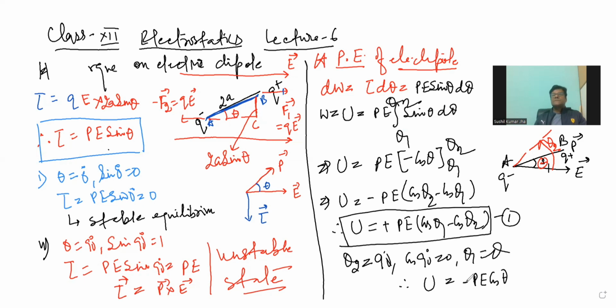And obviously it should be minus P, because all forms of potential energy are negative, which means over here we can take theta 2 as theta. So theta 1 we can make 90, and thus minus PE cos theta. So this is about the potential energy of a dipole. Thank you so much.